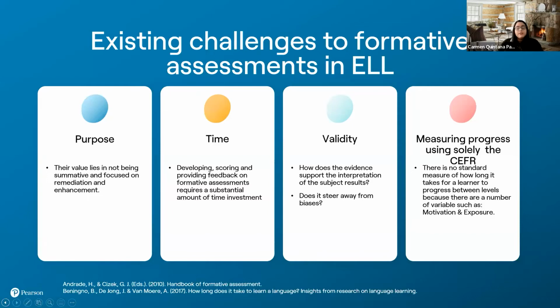The third challenge, of course, is validity. How does the evidence support the interpretation of the subject results? What this means in practical terms is, has the assessment I have created really measured what I intended for it to measure? Does it steer away from biases? Is it objective?